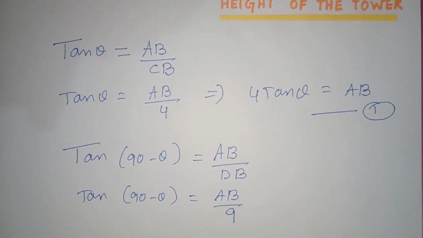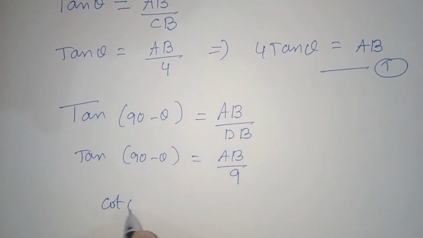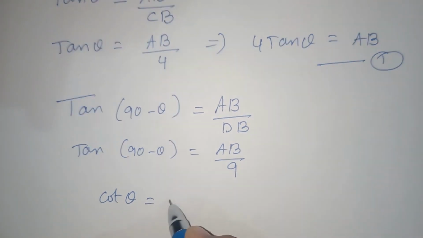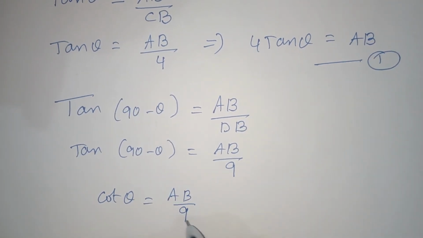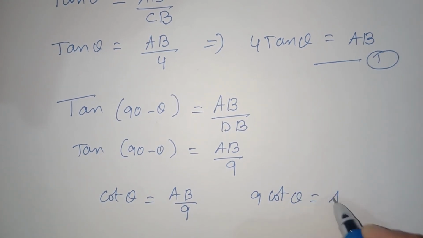Tan of 90 minus theta is nothing but cot theta, since they are complementary angles. Therefore, cot theta equals AB by 9. So 9 into cot theta equals AB.